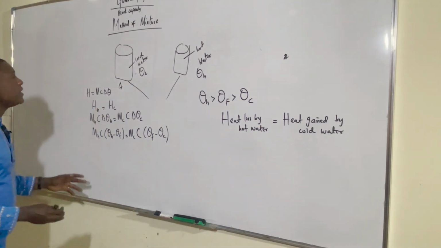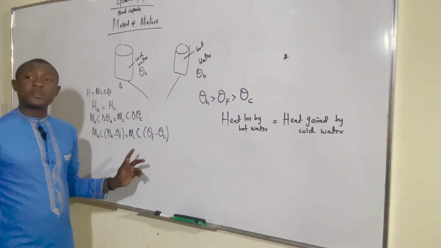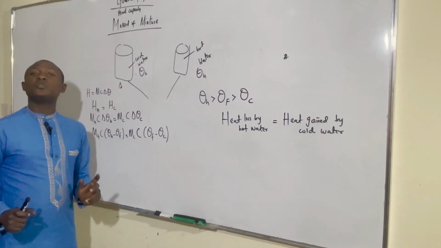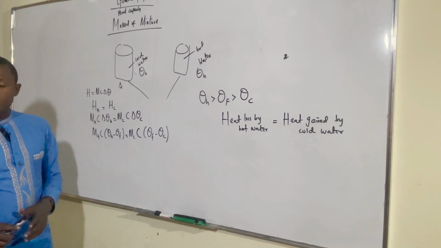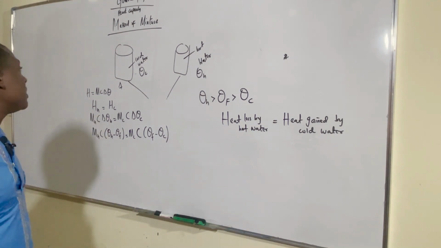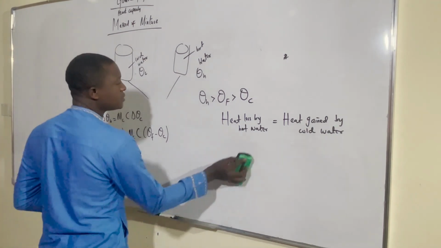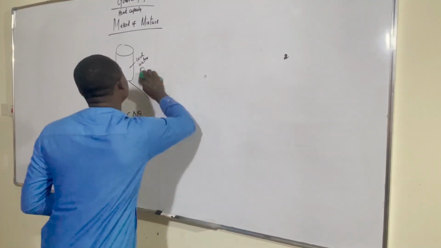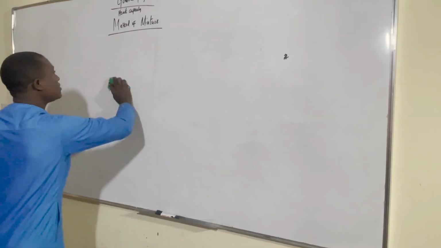It might not be water, it might be any object, maybe copper and any other object. Just look at this expression. The one that has higher temperature will be losing its own heat to the one with low temperature. So let's take a look at some problems. Let's see some examples and how we're going to use that to solve the problem.